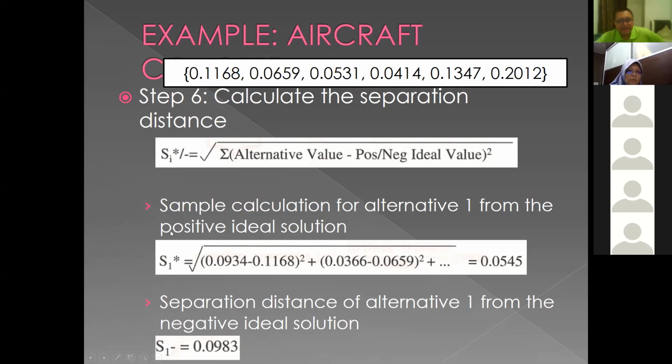Okay, how to calculate the positive ideal solution? The separation distance for the positive ideal solution. The process is, if you look into this maths here, it is square root of summation of alternative value minus, if you want to calculate for the positive ideal solution, then you have to minus the positive ideal value.